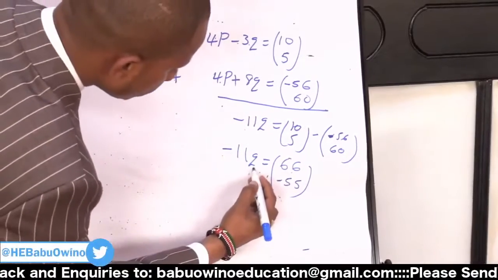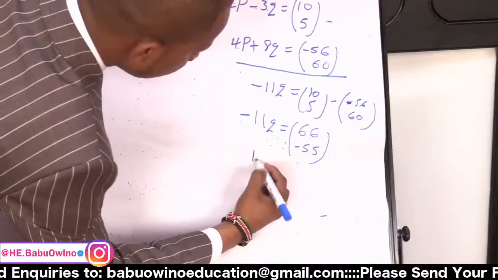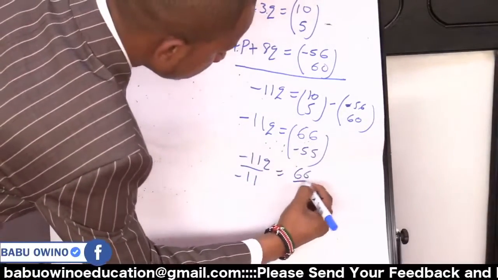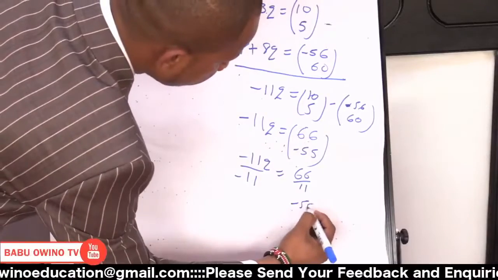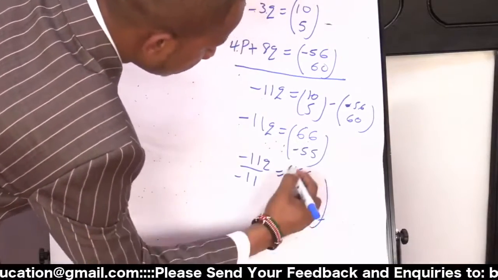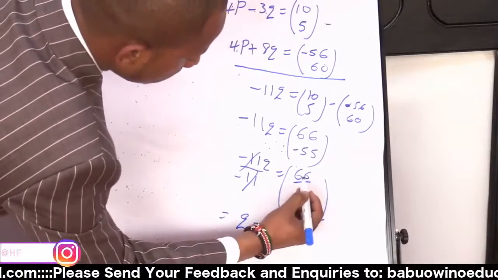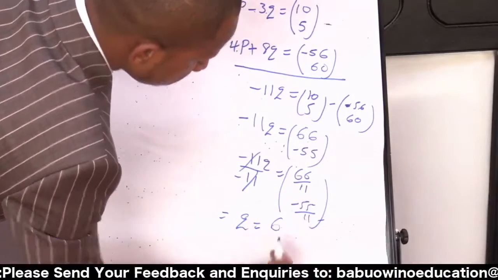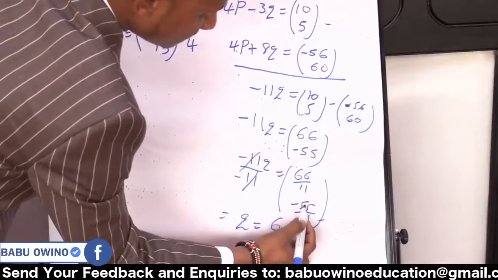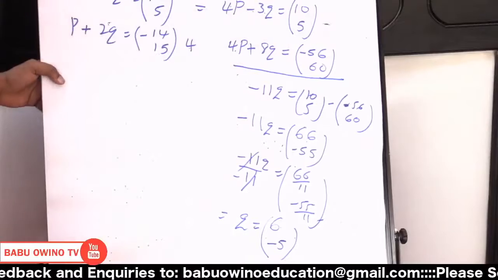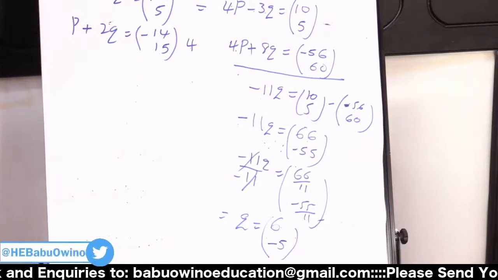Therefore, to get Q, divide everything by minus 11. Minus 11 divided by minus 11, this side also minus 66 divided by minus 11, and minus 55 divided by minus 11. So the 11s go. So Q equals 66 divided by 11 is 6, while minus 55 divided by minus 11 is 5. So that is your value for Q.